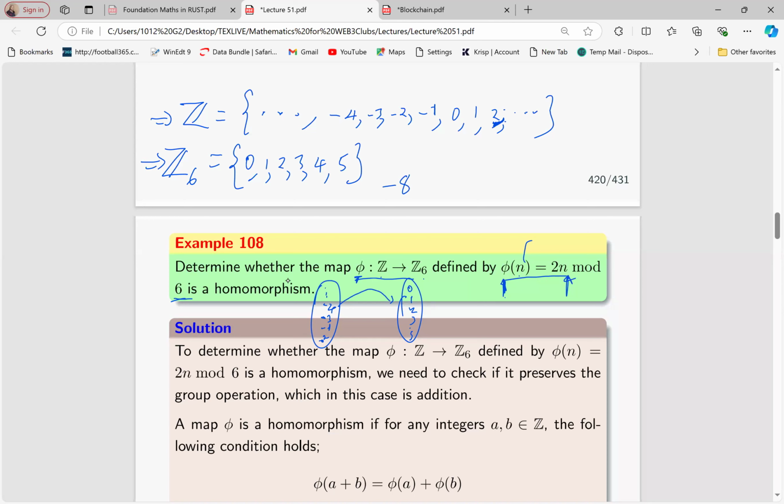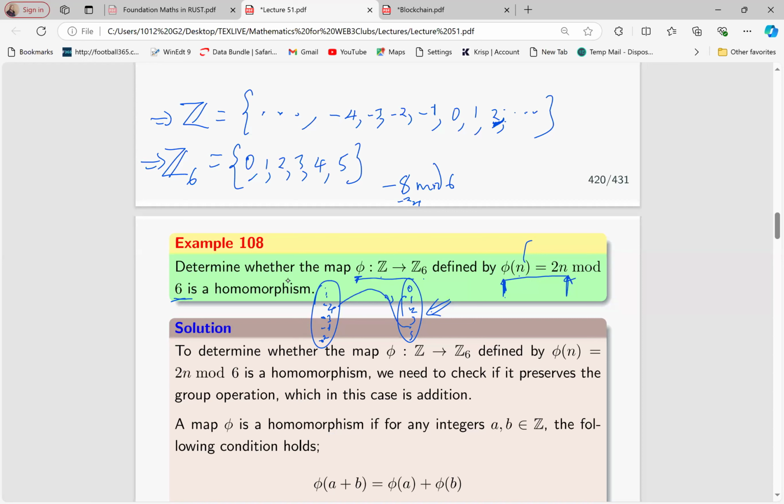But when it reaches here, you reduce it mod 6. So you just add 6 to that, you get -2, and when you add again, you get 4. So -4 will be mapped to 4.